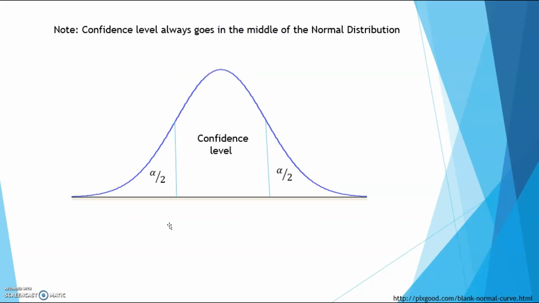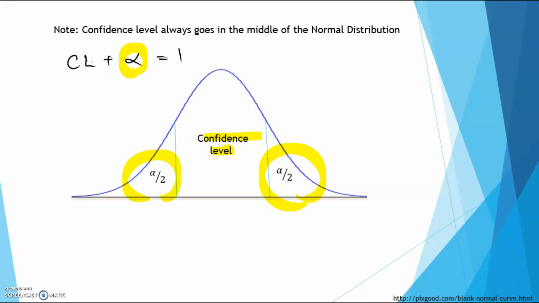Now your confidence level is always going to go in the middle of the normal distribution. It's always in the middle, like it is right here. Okay. Now we could say that your confidence level plus alpha is equal to 1. So if I've got this side over here and this side over here, if I've got two sides, then I need to break this alpha into two parts.